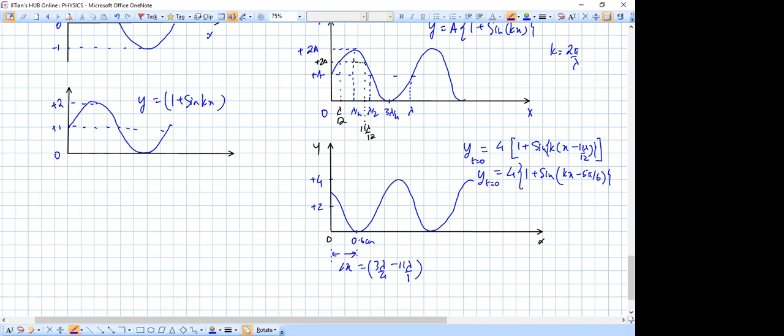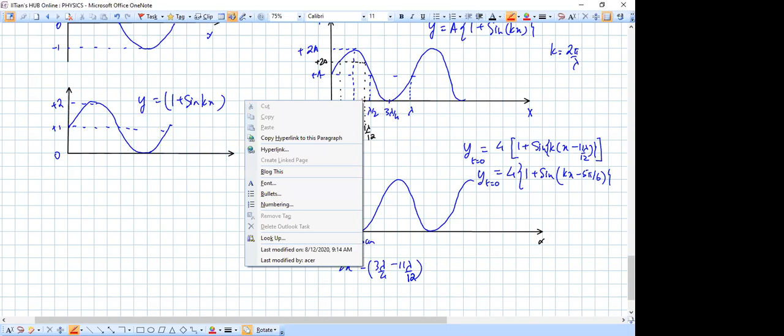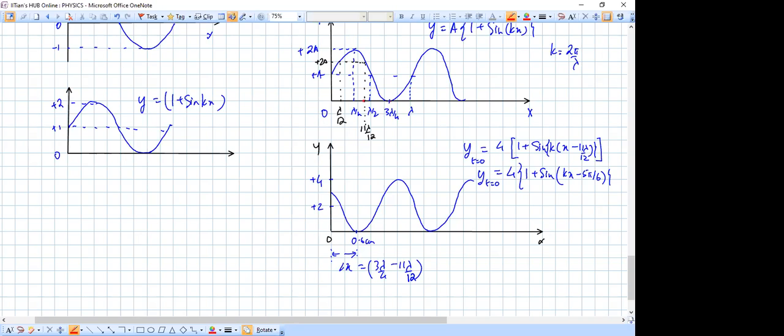Or if you think more simply, you're just basically going from this point in this graph to this point. So you're going 1/12 plus 1/4.